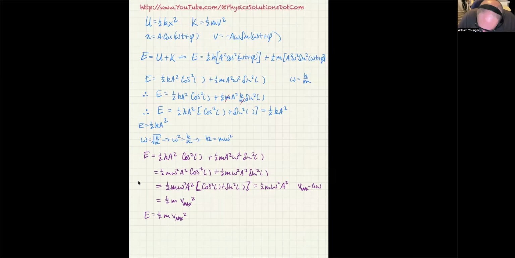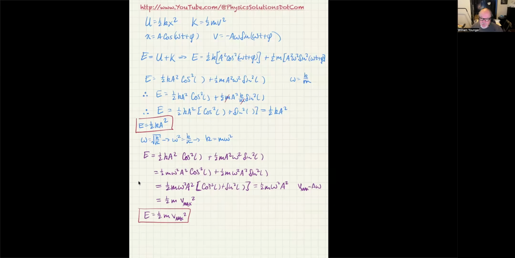So we can say either way, E is equal to either 1/2 K A squared if you happen to have A, or you could say it's 1/2 m v max squared if you happen to have v max. But the big thing is all of these different representations with the cosine squared and the sine squared are fair game. So you can set the left-hand side, E, equal to 1/2 K A squared, or equal to 1/2 m v max squared.